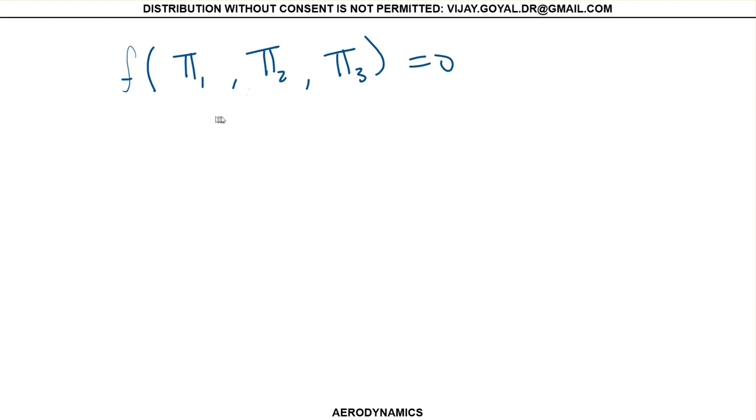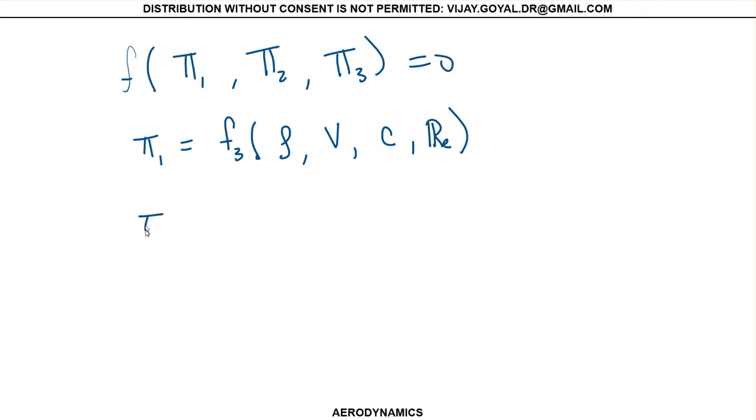For these purposes, let's assume that pi is some function of another function that maybe is rho, density, V, velocity, c, chord, and the Reynolds number.